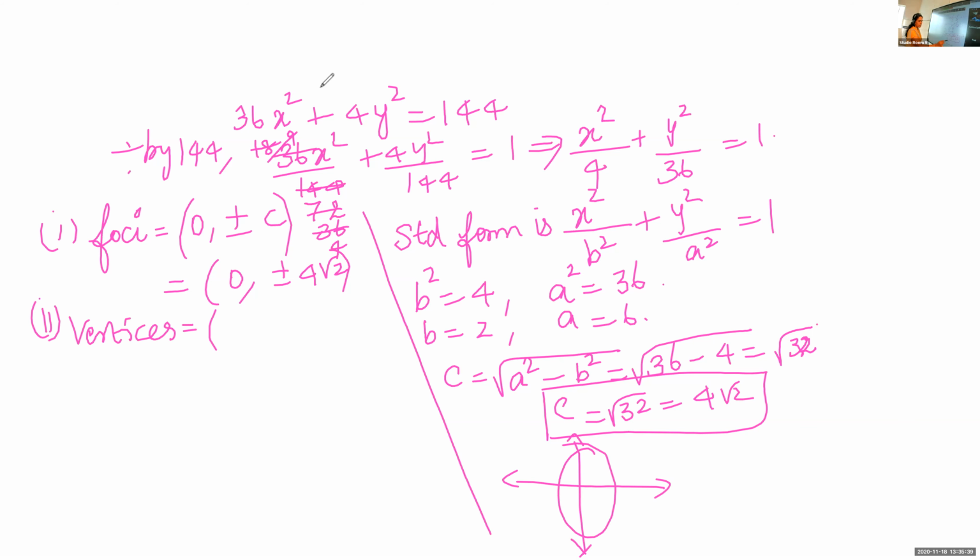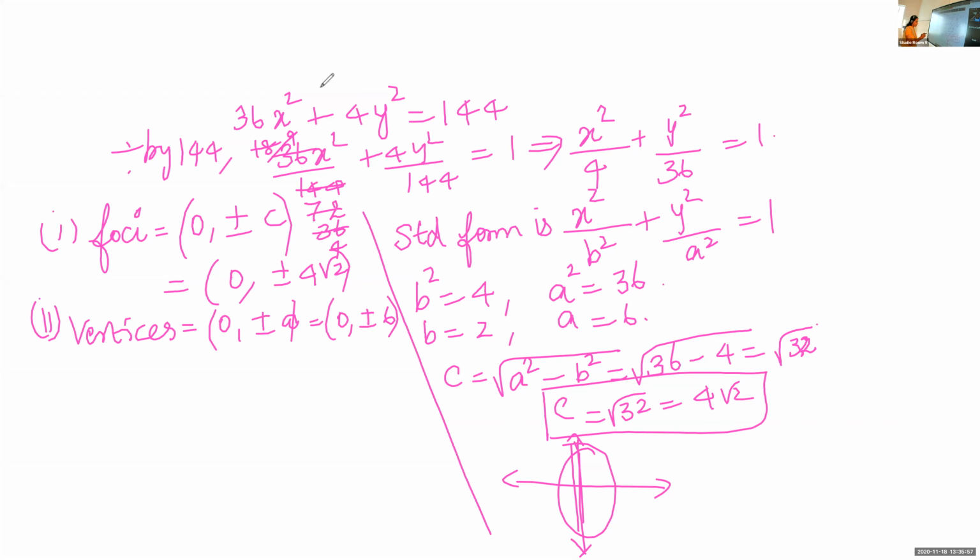So here the major axis is y-axis, so vertex will lie on y-axis. So the vertices are given by 0, plus or minus a. So it is 0, plus or minus 6.